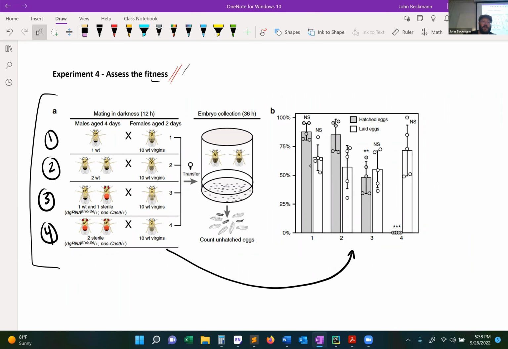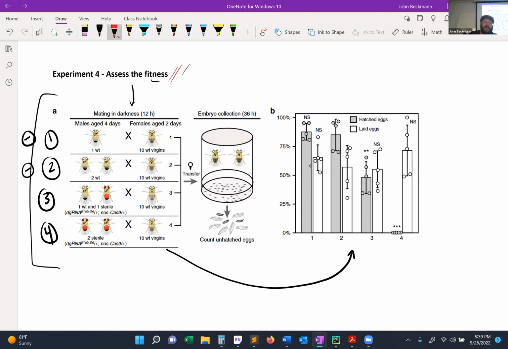How do they set up their crosses? So this is a negative control where they're putting one wild-type male with 10 virgin females. Here is another negative control where they're putting 2 wild-type males with 10 virgin females.